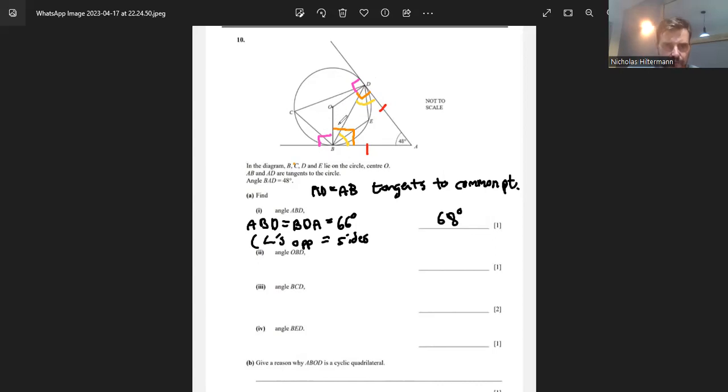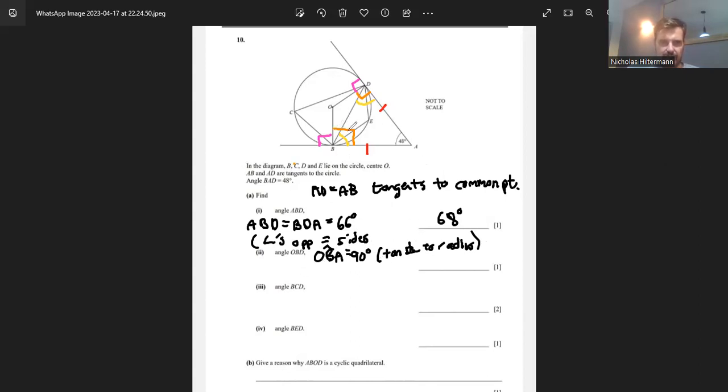Okay, so they want OBD. Well, we know that OBA equals 90 degrees, so we don't have to give reasons, but this is just to show how we get it, right? And that is tangent perpendicular to radius, because OB is the radius of the circle, AB is the tangent.